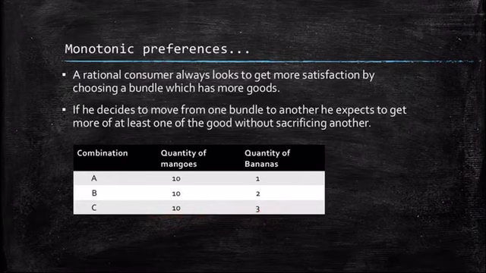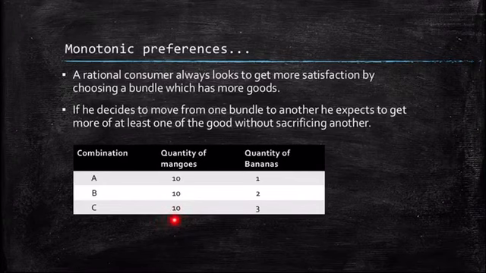But here we have to address an important question: while he is moving from one combination to another combination, will the consumer remain on the same indifference curve? Because the consumer is moving from one combination to another without sacrificing mangoes. He is gaining an extra unit of bananas without sacrificing the mangoes.